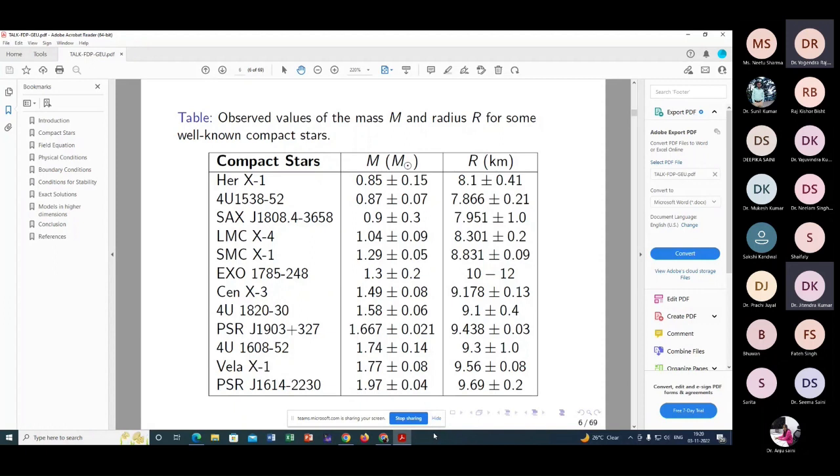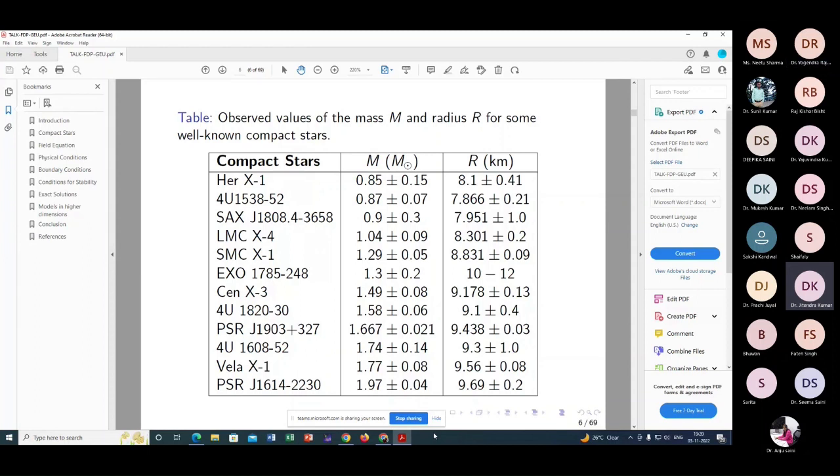This star has a mass of 0.85 plus or minus 0.15, which means we can take plus or minus of this range. So 0.85 solar mass, with a radius of 8.1 plus or minus 0.41. Similarly, we have other stars having masses and radii within these ranges.